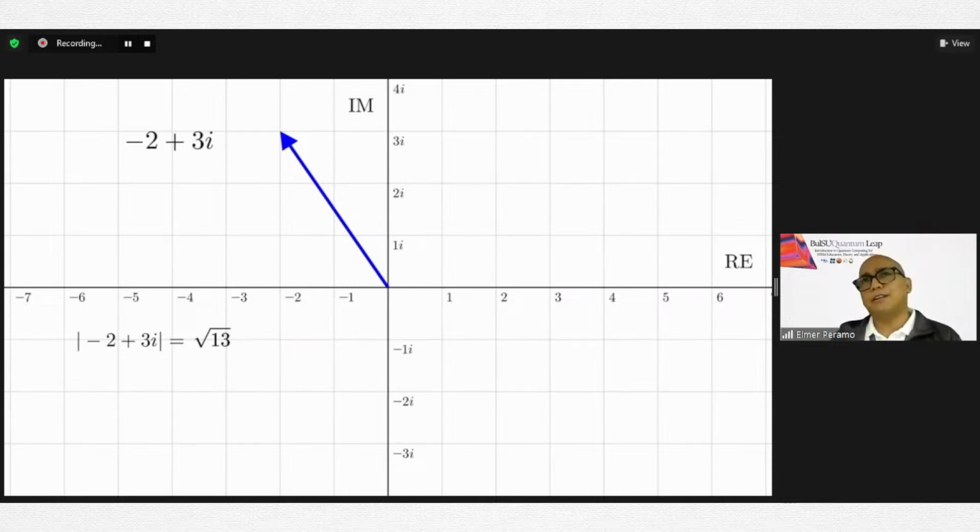For example, if we have a real number 5, that's just going to be 5 squared plus 0 squared, since your imaginary part is 0, and then you take the square root. Or negative 6, for example, negative 6 squared plus 0 squared, since your imaginary part is 0. So basically, the modulus, or absolute value of a complex number, is the generalization of what we understood as the absolute value in real numbers.